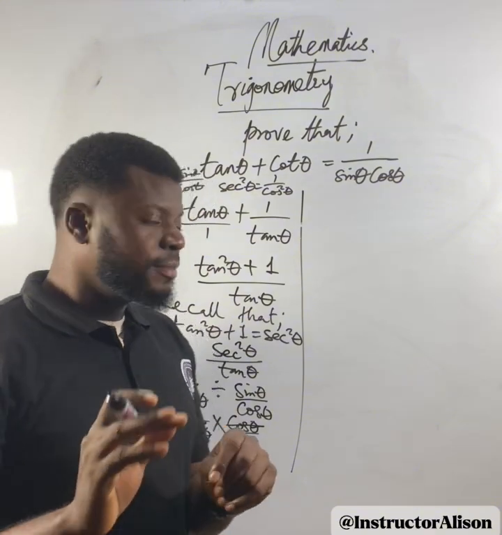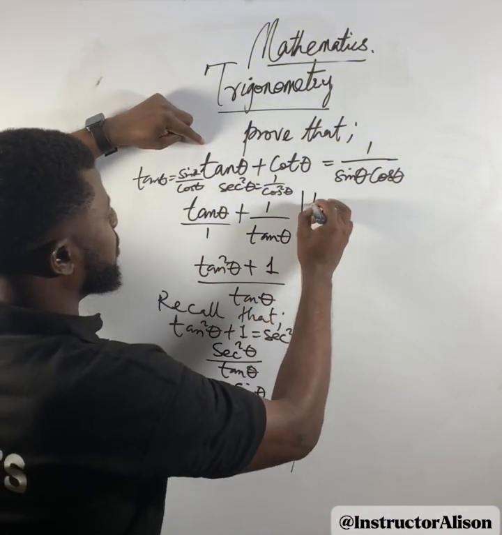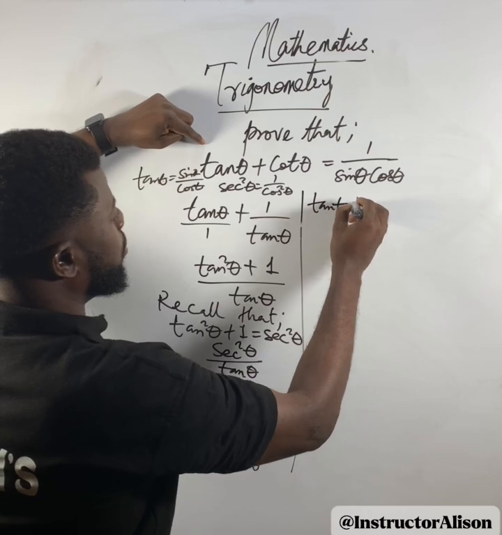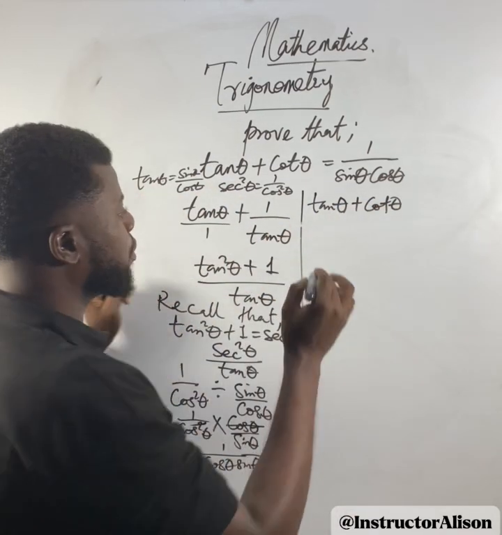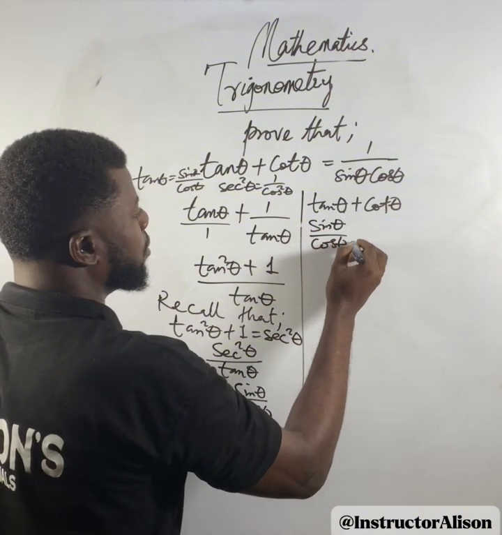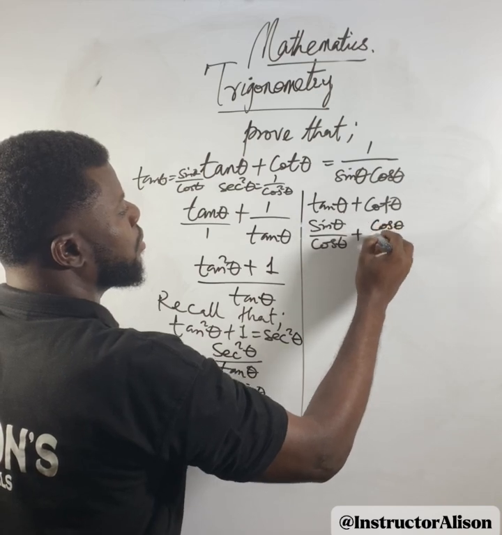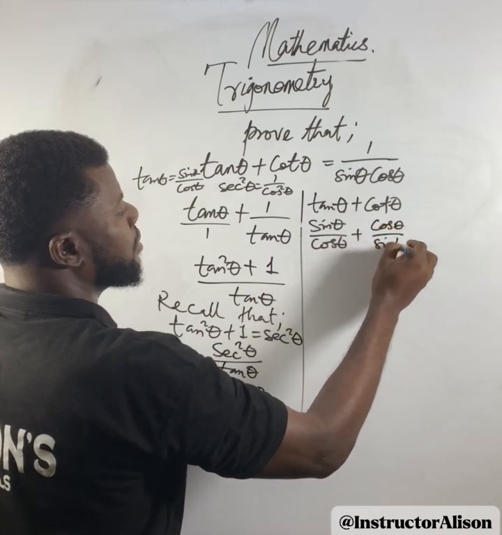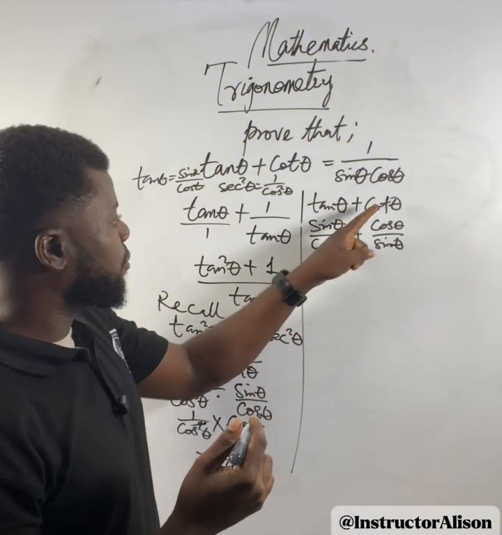Hope you see clear. The second method, from here, when you see tan theta plus cot theta, tan theta will give you sin theta over cos theta, then cot theta is cos theta over sin theta, because cot is the inverse of tan.